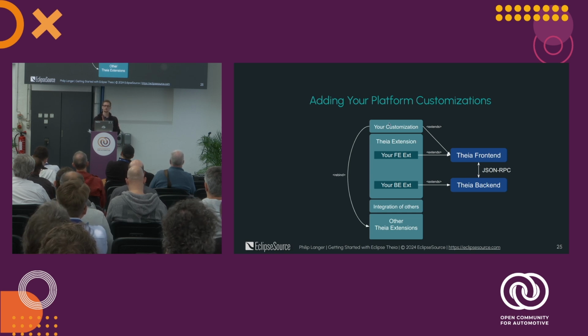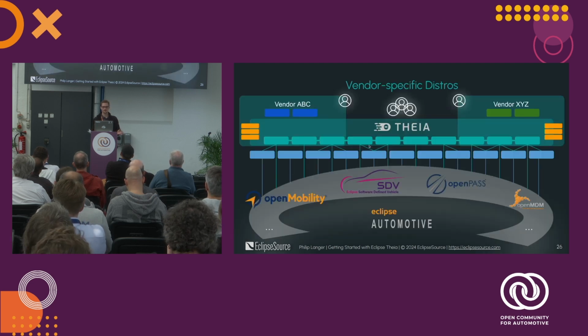This is super important because it enables a collaboration model in the open source ecosystem, where on top of this ecosystem, specific vendors, user groups, and organizations can build their vendor-specific distributions out of these existing extensions.